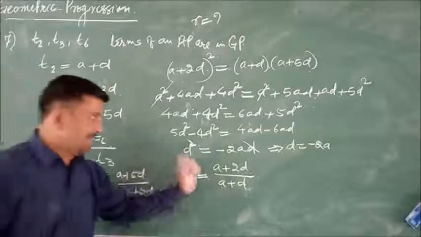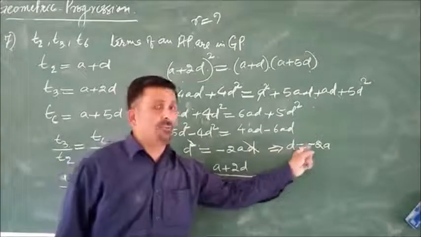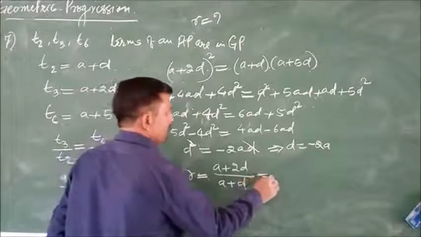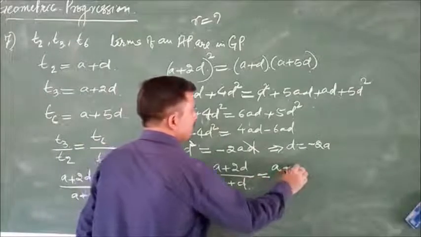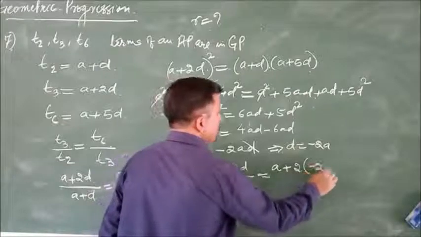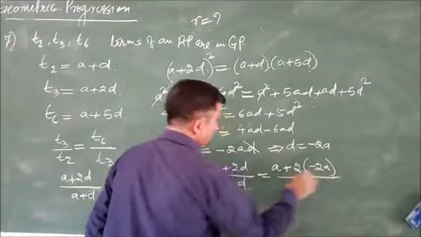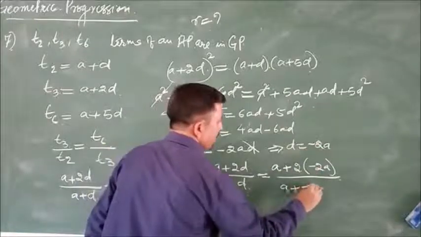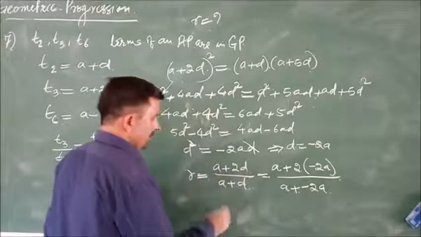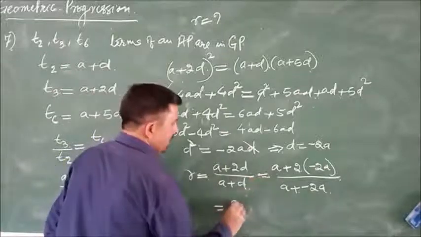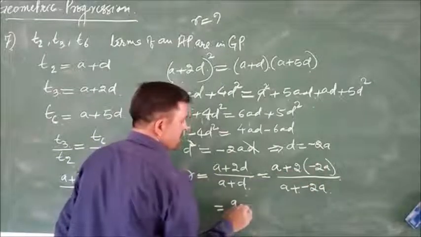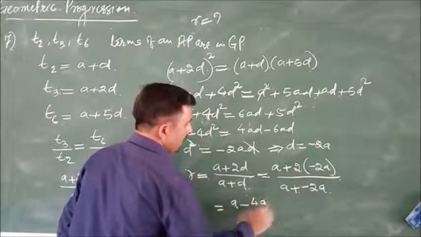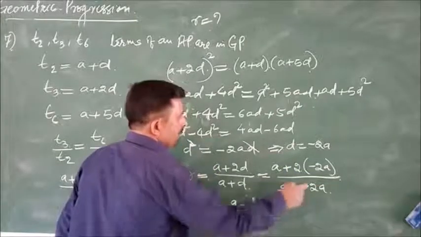Yes, sir. Now in this expression we are going to put the value of D as equal to minus 2A. So A remains as it is, plus 2 times D, which is minus 2A, divided by A as it is, plus D, which is minus 2A. Now A plus, minus times minus, 2 times 2 is 4A, divided by A minus 2A.